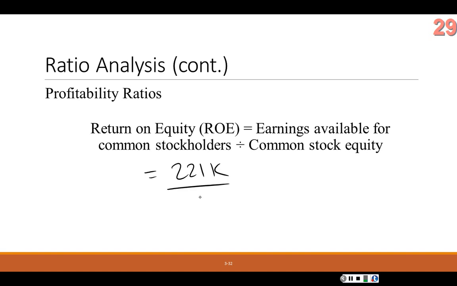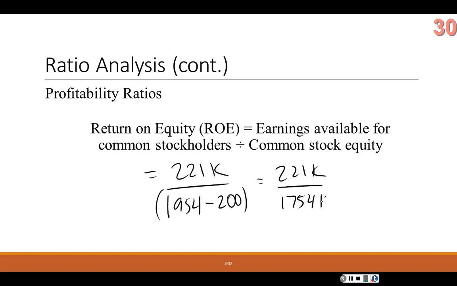And we divide that by common stockholders' equity. And that's calculated as total shareholders' equity minus the preferred stock, so 200. That's 221,000 over 1754 and that's 12.6%.